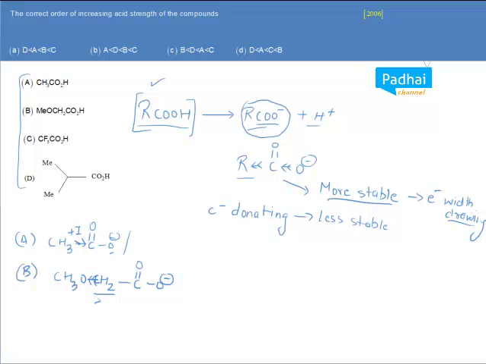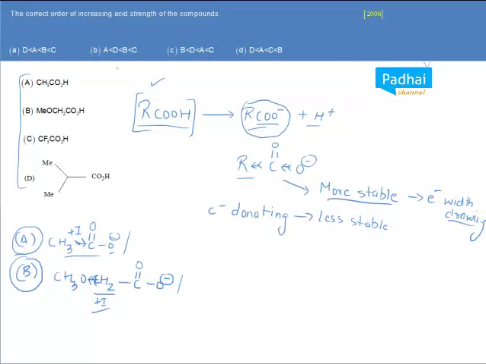That means the plus I effect of CH2 will not be so effective, right? So B will always be more acidic as compared to A, because this compound is relatively stable as compared to A. This is basically called the conjugate base, right? So the conjugate base in B is more stable as compared to A. That means B will be more acidic than A, right?